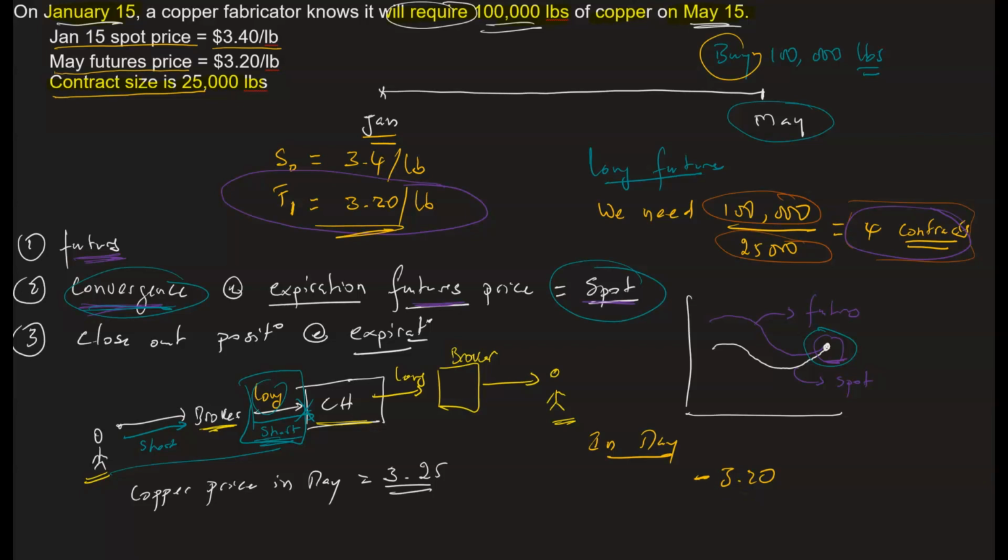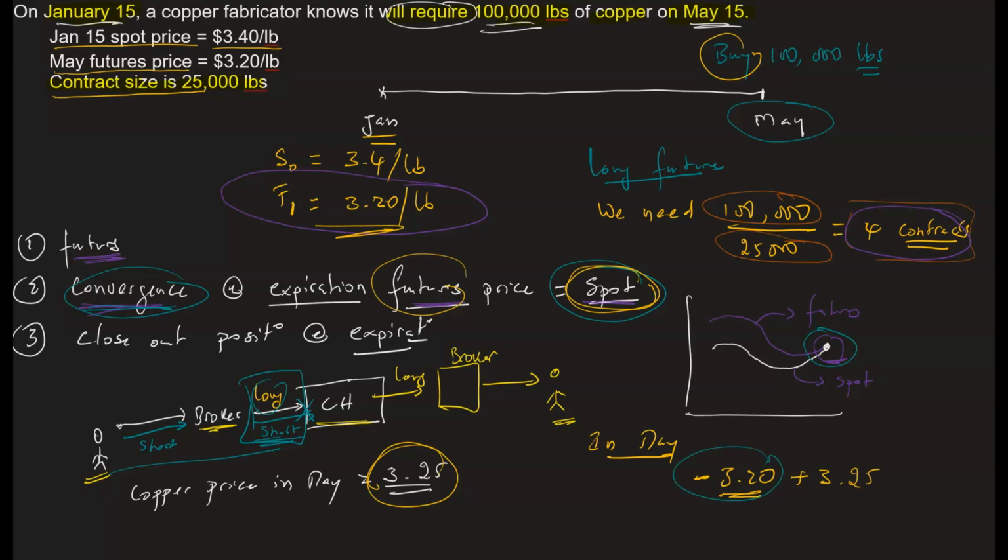But because I'm closing out the contract, I'm going to take a short position, which means I'm going to be selling copper of the same size in May. Now, that short position is going to come in May at the spot price in May. What is that spot price in May? $3.25. So if I'm selling, I'm going to be receiving $3.25.